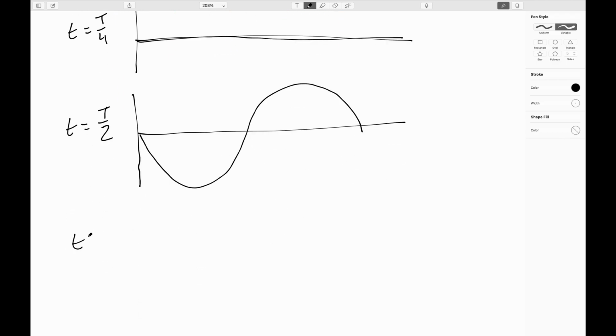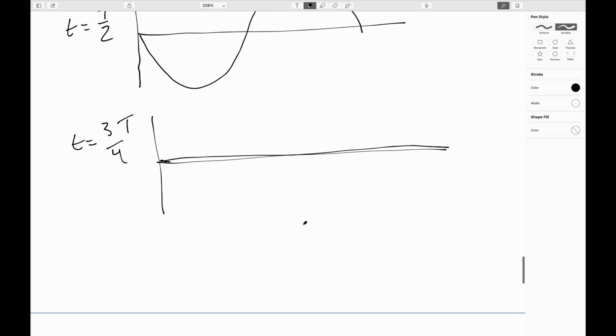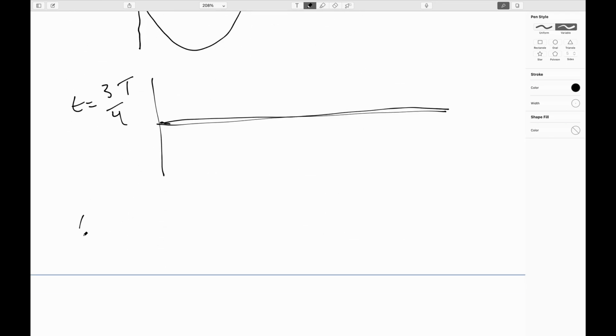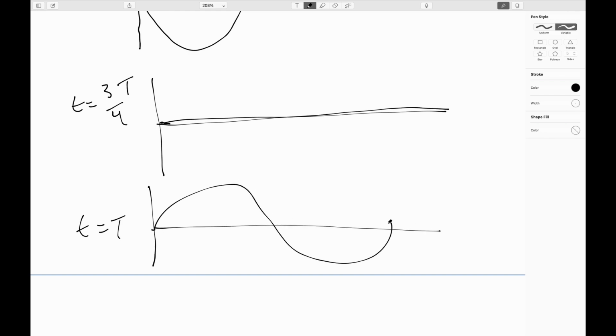And then at 3/4 of a period, it's flat again. Then finally, after one period, you're back where you started.